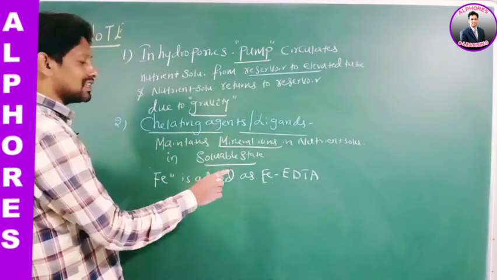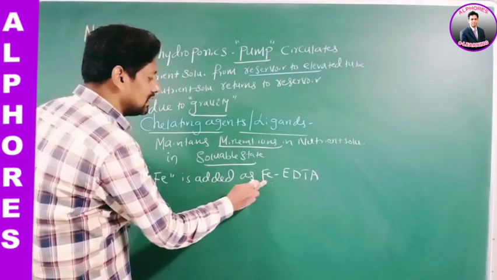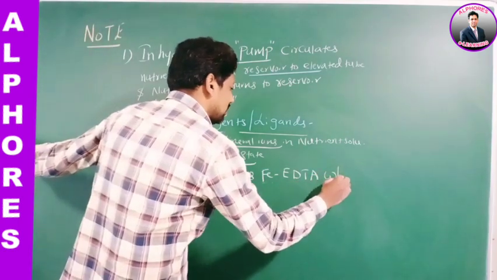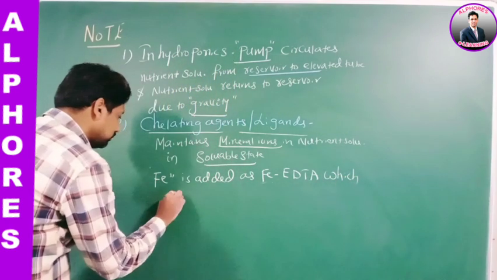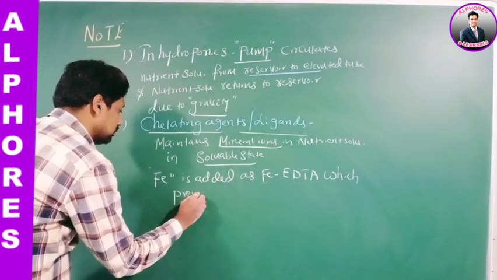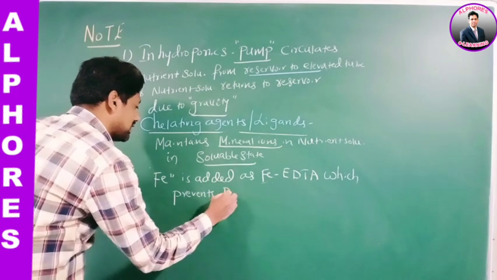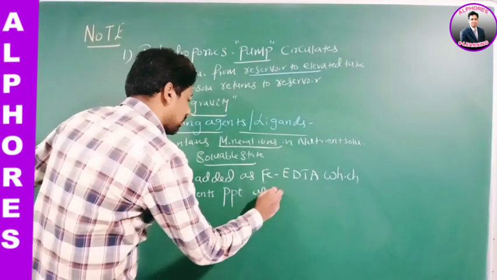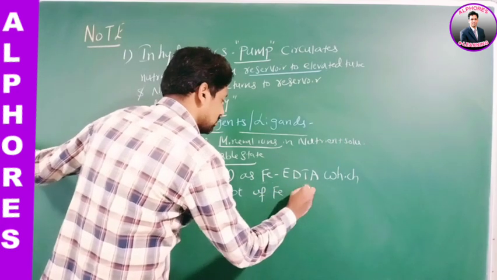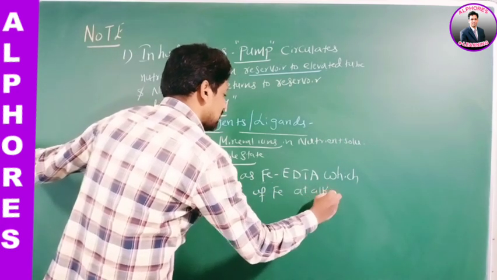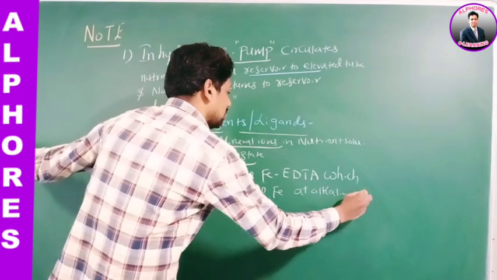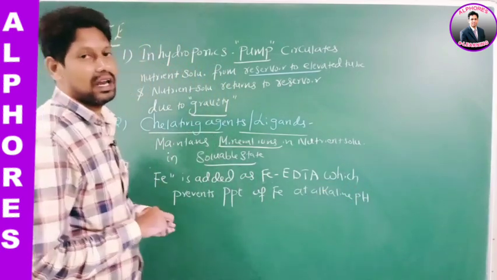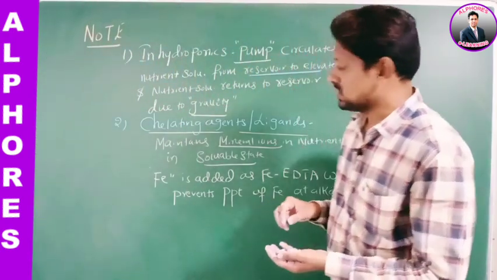Therefore, iron is added as iron EDTA, which prevents precipitation of what? Iron at which pH, sir? Alkaline pH.